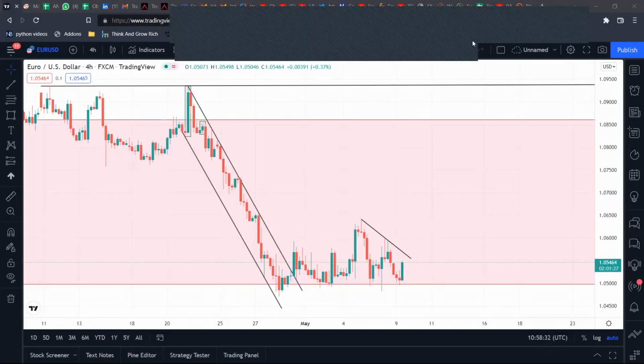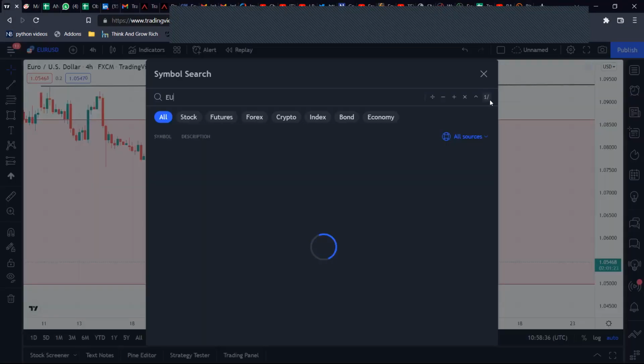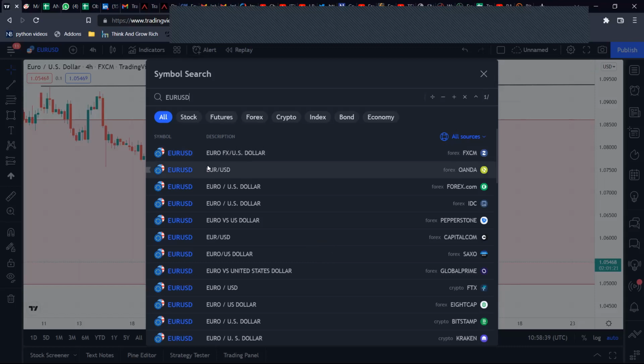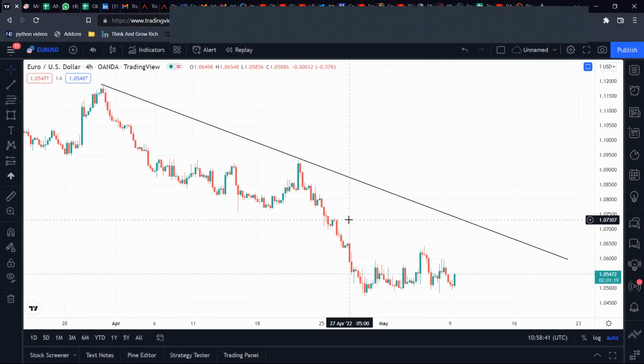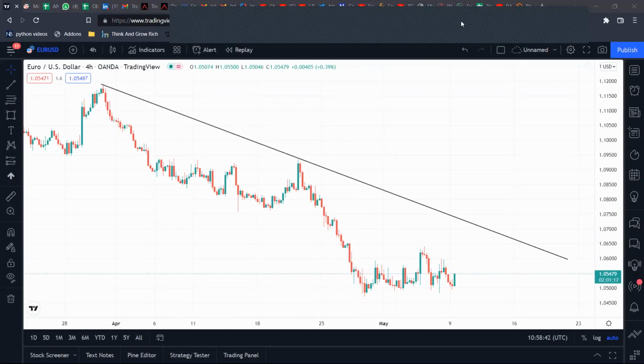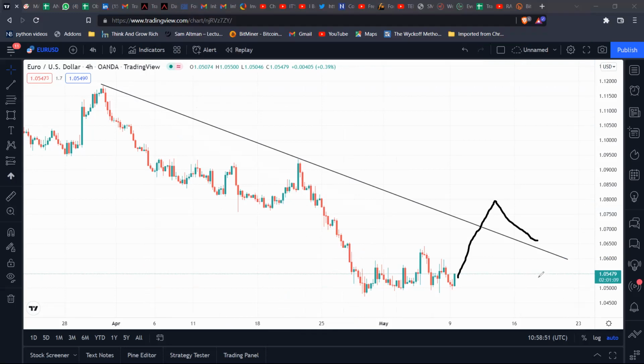Okay, let me just pull up EURUSD. So yeah, a 4-hour break above this could serve as confirmation, at least, so that we can be a little bit confident. I like to feel confident in my trades to then start looking for a bullish push.